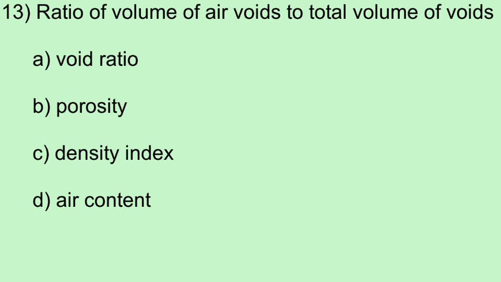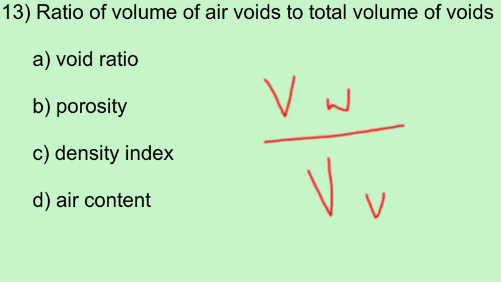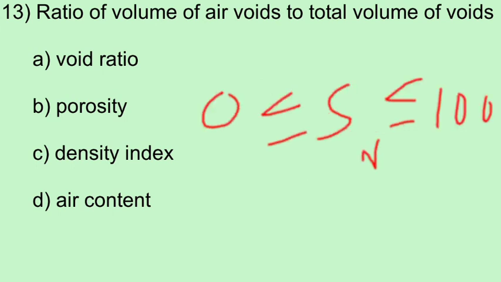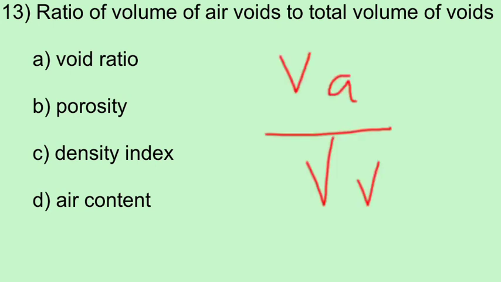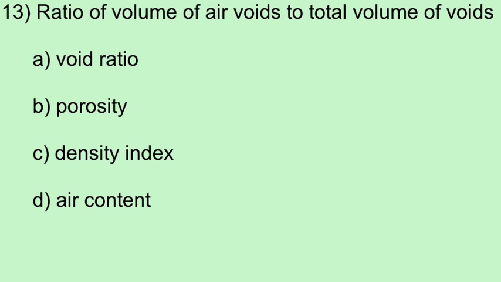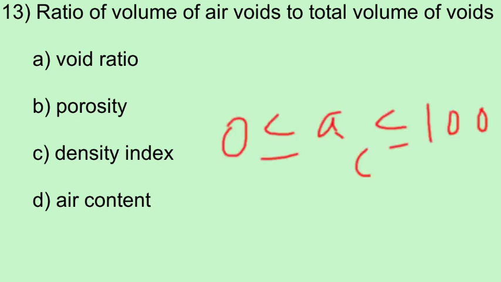Then degree of saturation is volume of water to volume of voids, and degree of saturation lies between 0 and 100, 0 less than or equal to Sr less than or equal to 100. Now, what about air content? It is volume of air voids to total volume of voids. That is, it also lies between 0 and 100%, 0 less than or equal to air content less than or equal to 100%.